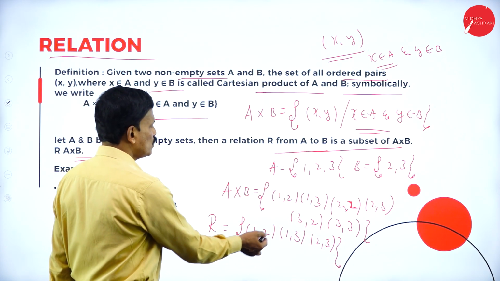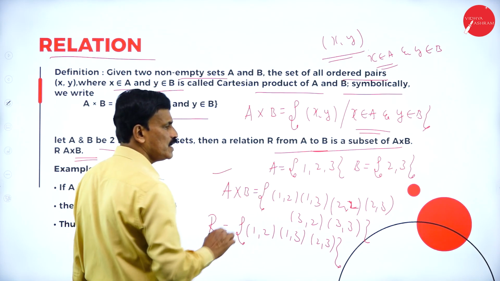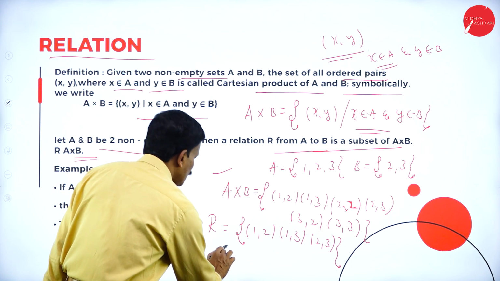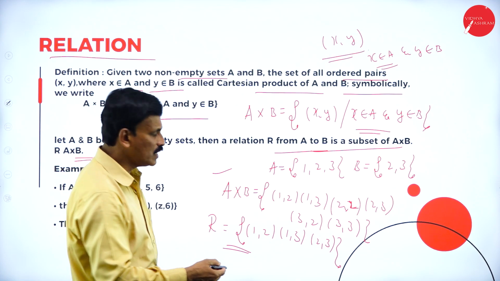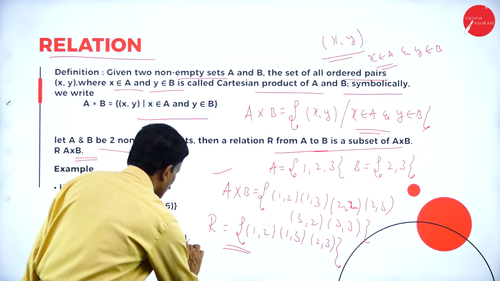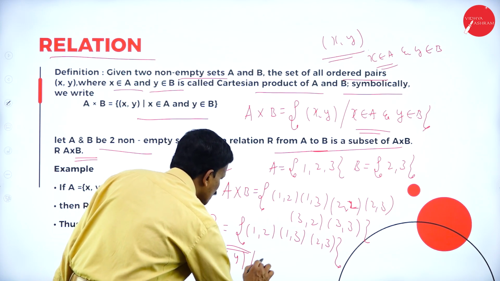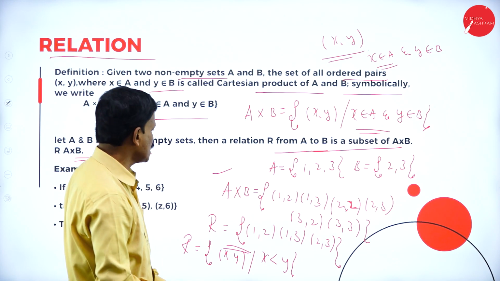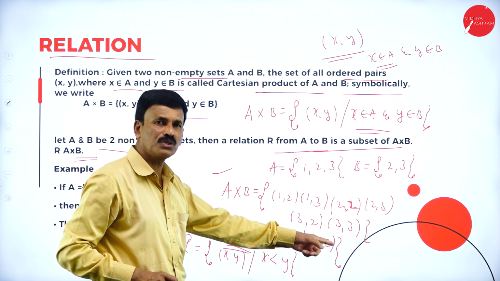Since (1, 2), (1, 3) and (2, 3) are elements of the set A cross B, this R is a subset of A cross B and is called a relation. If you observe carefully, this relation is of the form R equal to {(x, y) such that x is less than y}. The first element is less than the second element. See (1, 2), (1, 3), (2, 3).